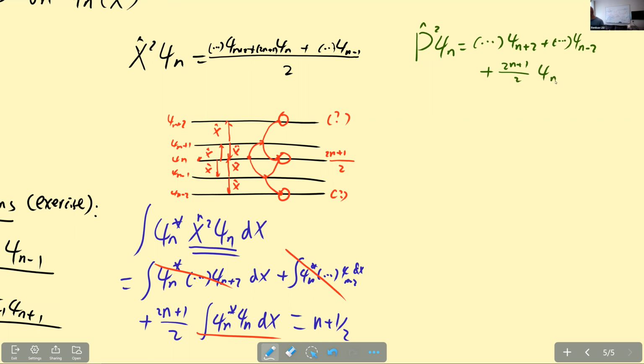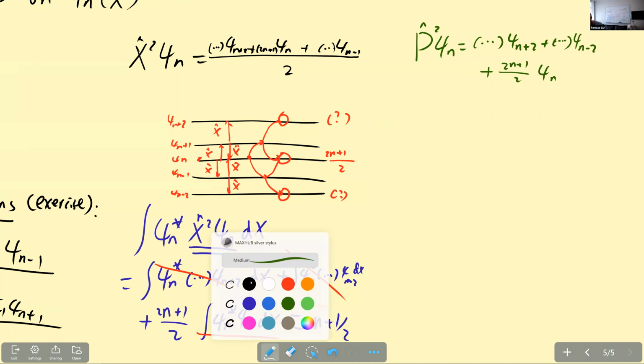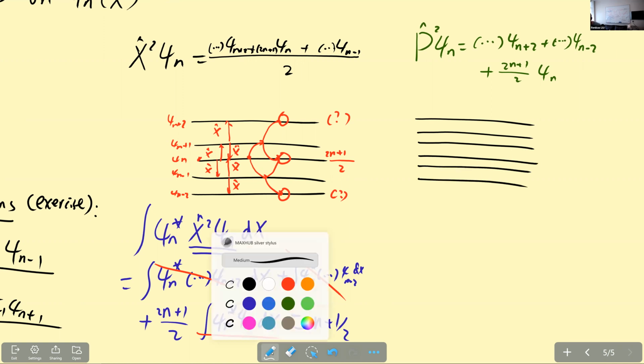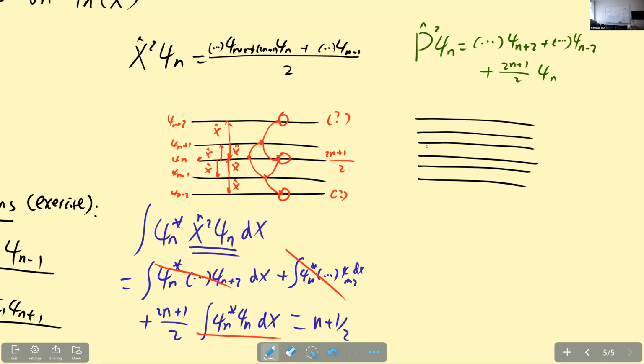For the same reason, if you start from m, you go to this state by applying p once, and then you apply it once more.